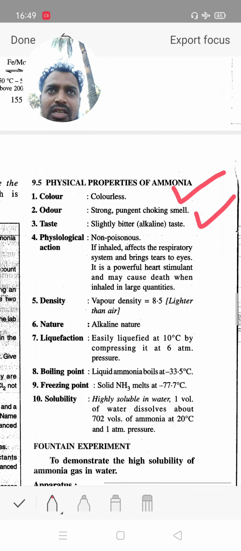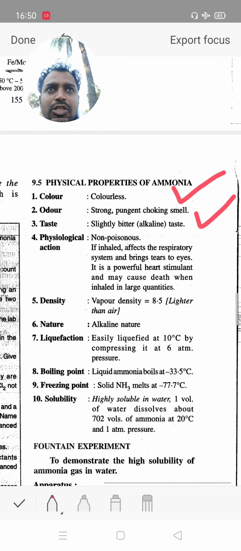Now density: it is lighter than air. Vapor density of ammonia is equal to 8.5. And its nature is alkaline, therefore its pH is greater than 7.